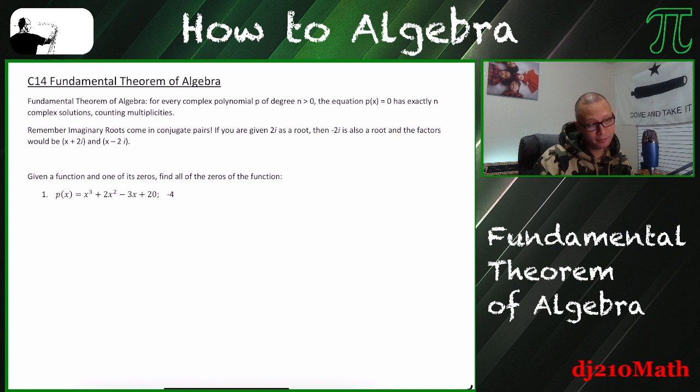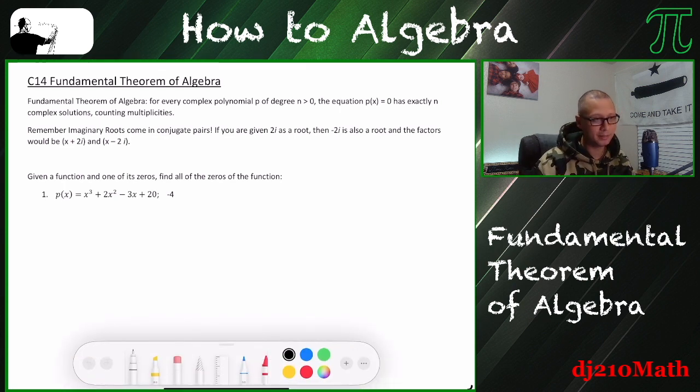Finding the other one is actually very simple because it's a conjugate pair. For instance, if you have a root that is 2i, its pair is negative 2i, because again, i's come in pairs.